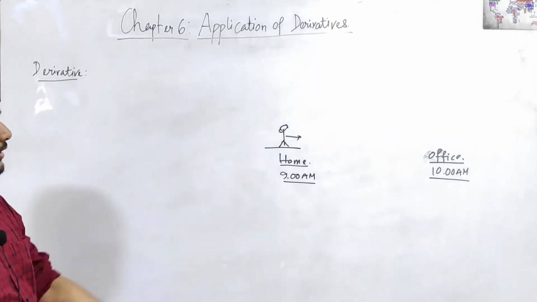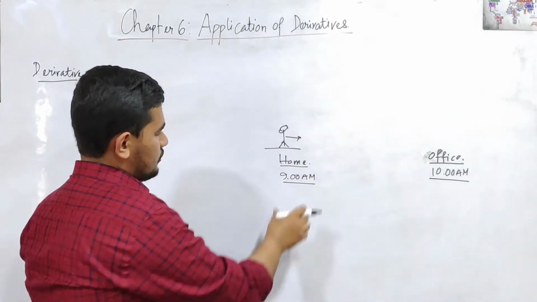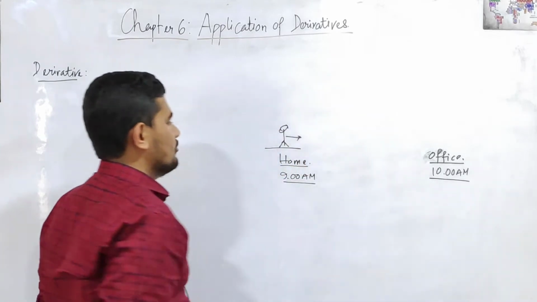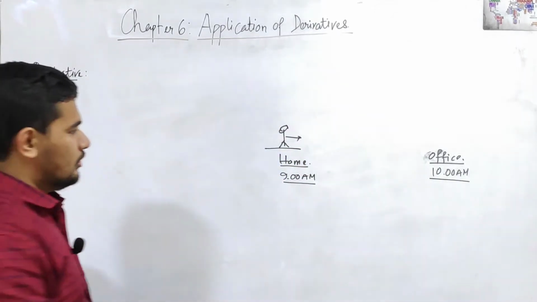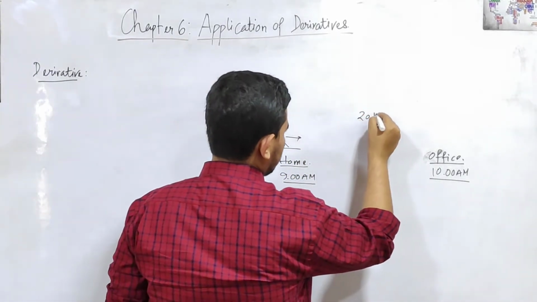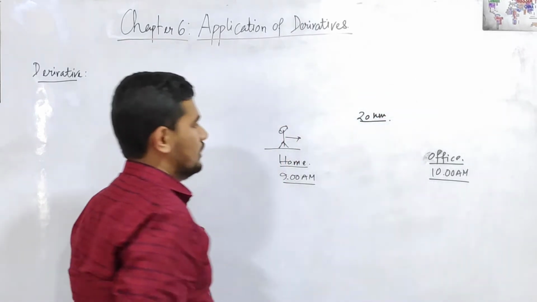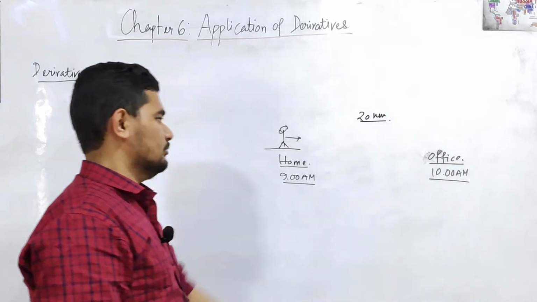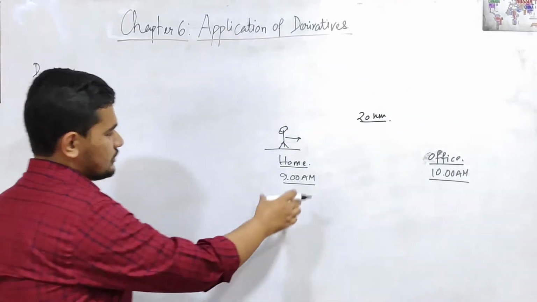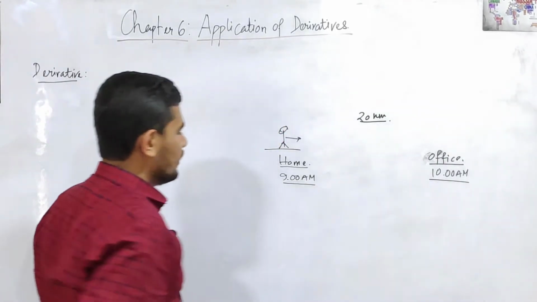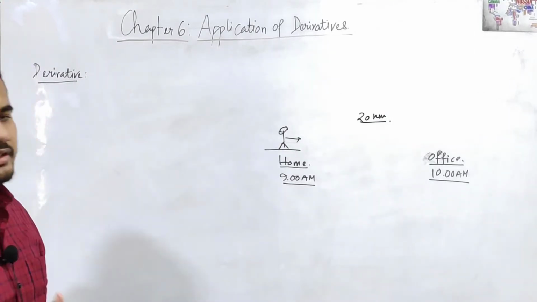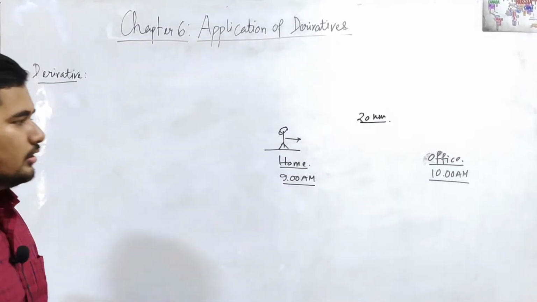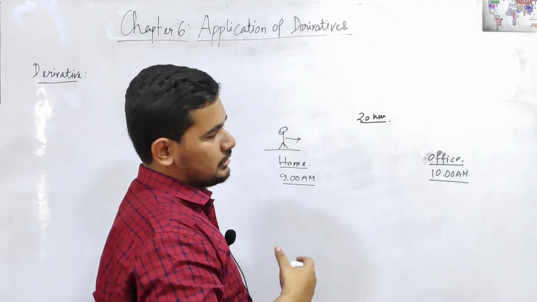Now when he moves from his home to his office, let's suppose the distance is 20 kilometers, say from Chanmari to Jalukbari or something of that sort. When he goes from home to his office, he needs to travel with the help of some public transport or his own car.